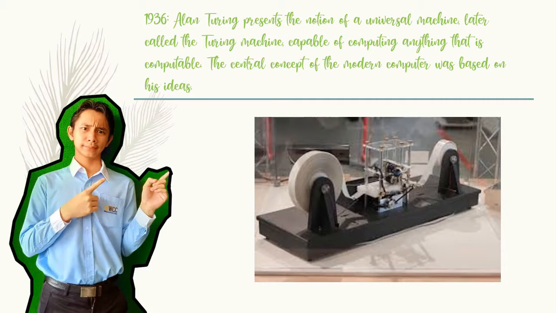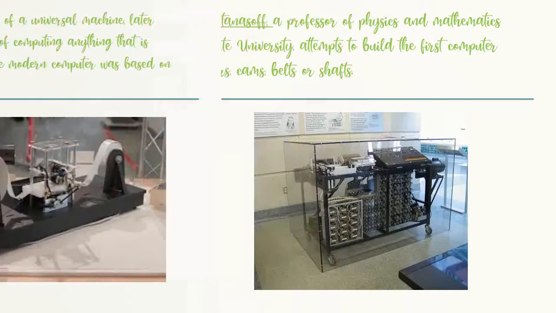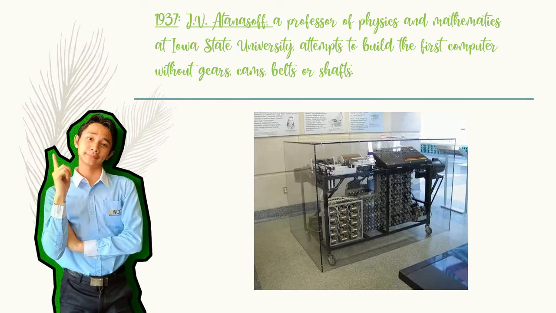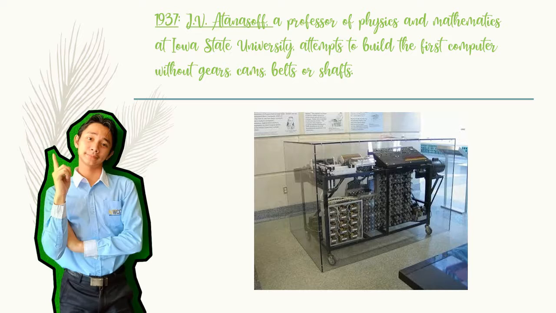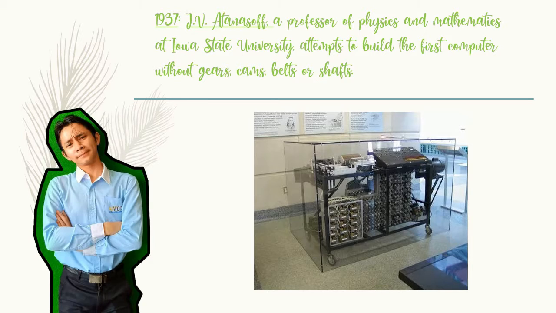Then, in 1937, J.V. Atanasoff, a professor of physics and mathematics at Iowa State University, attempts to build the first computer without gears, cams, belts, or shafts. Then, as you can see, there's a glass protecting it because of its sensitive materials.